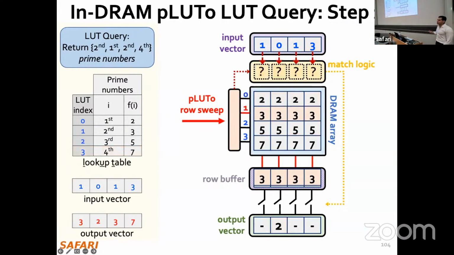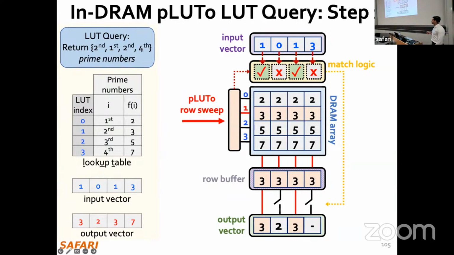Then again, this process repeats and the matching logic starts asking questions again. Now I'm going to have a match between the first element of my input vector, since I'm accessing row 1, and the third element of my input vector. Yes, I'm accessing row 1 again. Those positions in the matching logic are going to be asserted, and I'm going to copy the data from my local row buffer to my output vector in those positions.